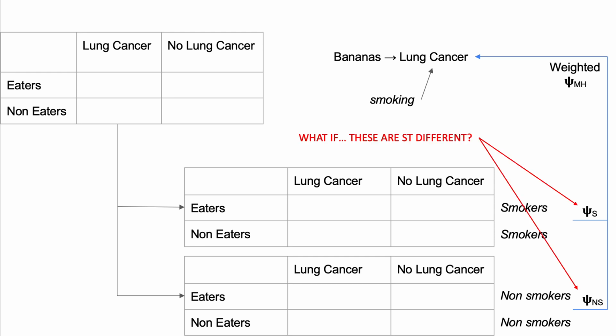But what if these two are significantly different? Then a different form of question arises. A different situation arises, which is the banana lung cancer association is now different, or the effect of banana eating is modified based on the levels of the third variable, which is smoking.